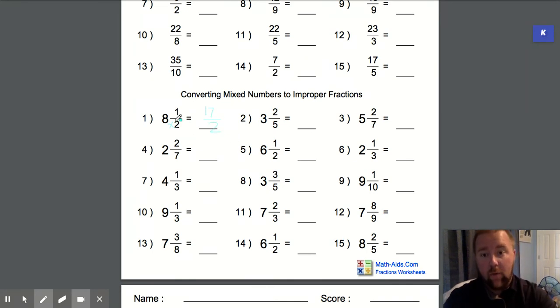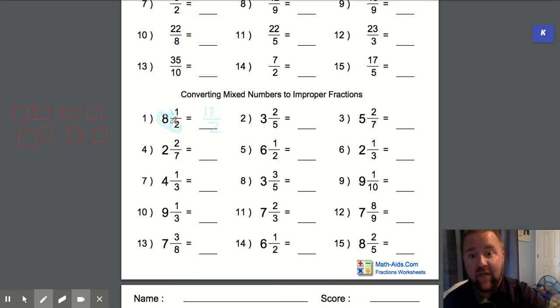So again, we multiply these to find out how many parts make up the 8 wholes, and then we add this one on because this is a part that needs to be combined with what we have already done. All right. So if I was talking about drawing a picture to kind of go over this, which could help you, all right. If I have 8 wholes, that's 1, 2, 3, 4, 5, 6, 7, 8, right?